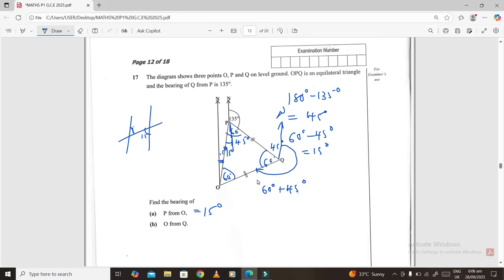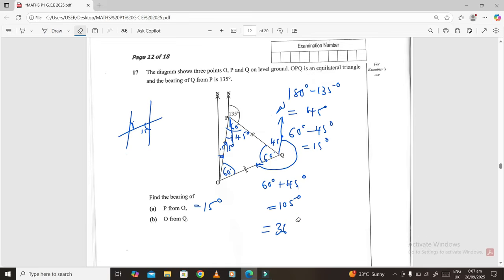So 45 plus 60, it's giving us 105. So this is 105 degrees. Now we can use the property of a circle by saying 360 degrees minus 105 degrees.